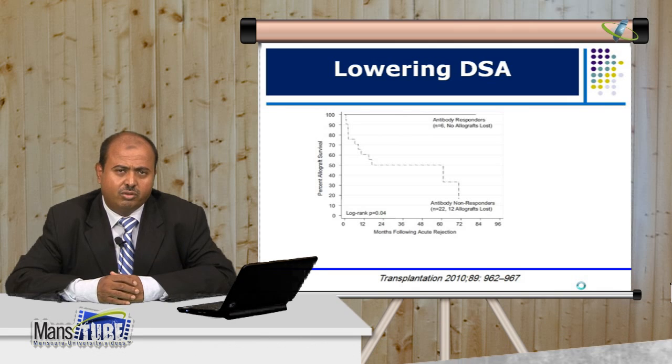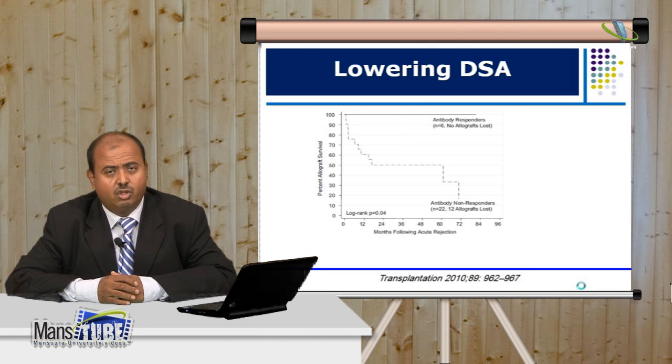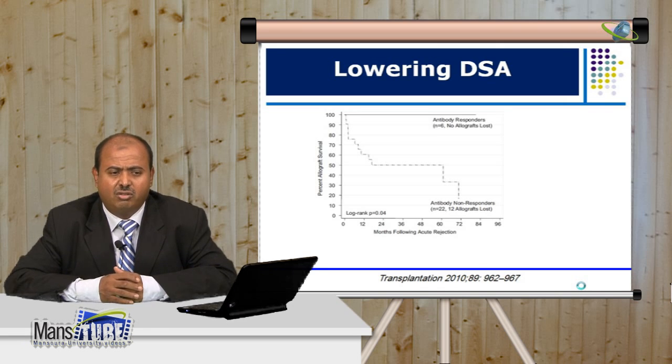One of the most important issues in the treatment of antibody mediated rejection is to follow up the concentration of donor-specific antibody after treatment. So donor-specific antibody is very vital for diagnosis, and its function in treatment is to monitor the responsiveness to anti-humoral therapy.